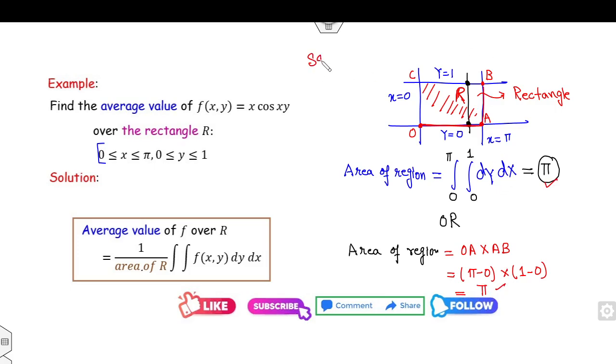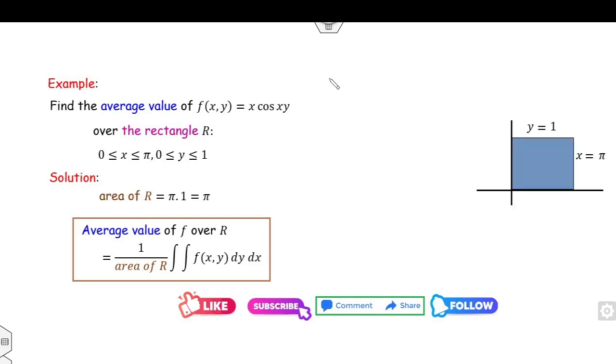If you have, for example, a square, circle or rectangle, then you all know how to find the area. You can write it directly. Otherwise, find the area by using double integration. Therefore, now I can find this double integration of f, where f is x into cos(xy), dy dx.